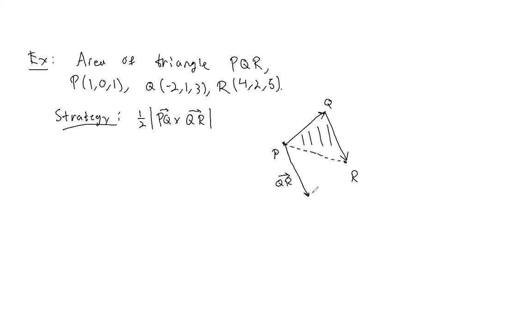And we can see that it is indeed 1/2 of, and here's PQ. So here's P and Q and R, and if we're focusing on these two vectors with their tails touching, then the resulting parallelogram that we get, we can still cut that in half and get the area that we're really interested in, PQR.